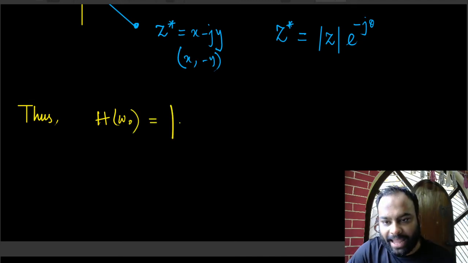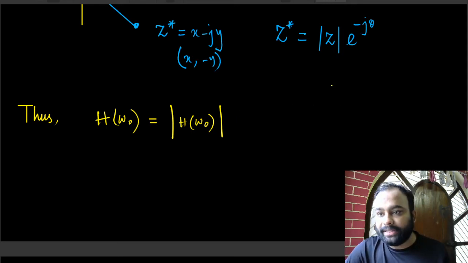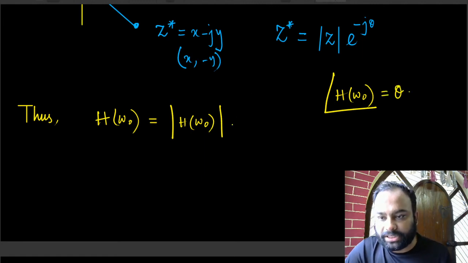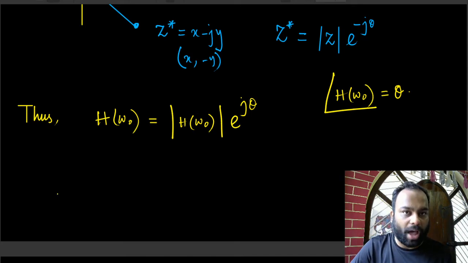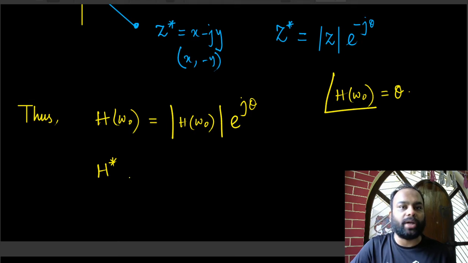So it has an amplitude, mod H omega naught, and it has an angle. Let's call that theta for the moment. Let's say angle of H omega naught is equal to theta. So this is e to the power j theta. That's bound to happen, right? Then what is the complex conjugate of that?